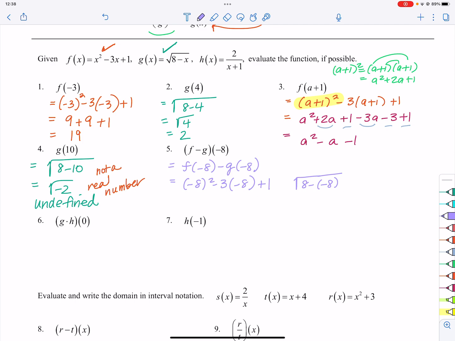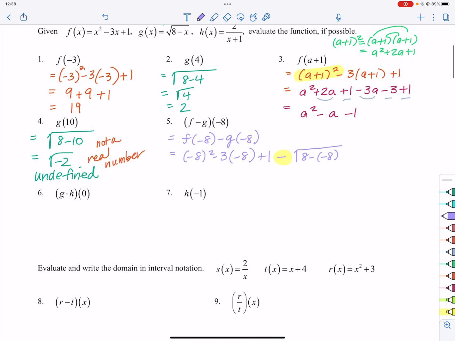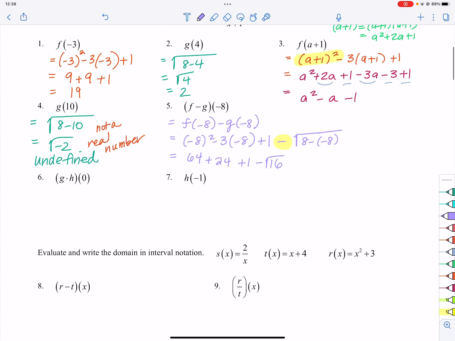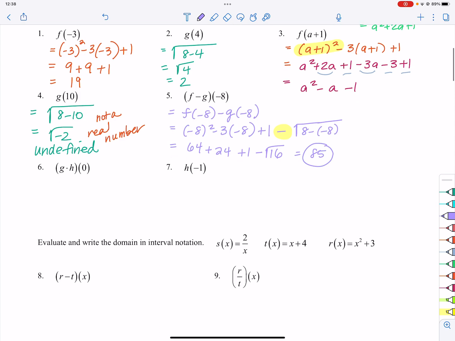And let me just write that as a normal minus, and then I'll highlight that so you know that's where g of -8 begins. And we have 64 plus 24 plus 1 minus the square root of 16. And if you add all of that up, you will come up with 85. Okay, and that's 89 minus 4.